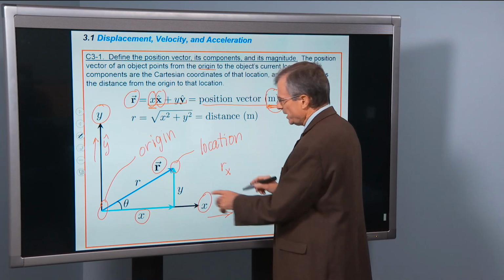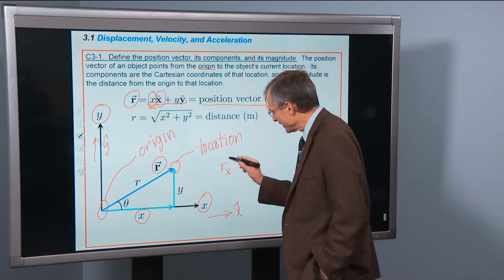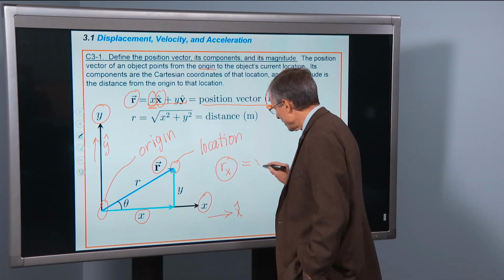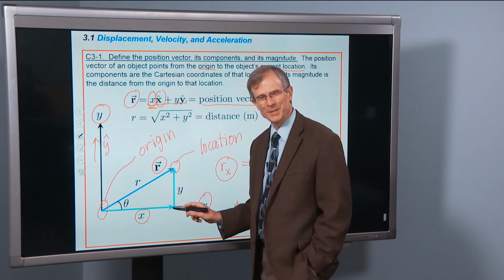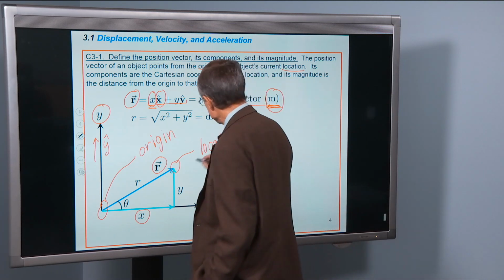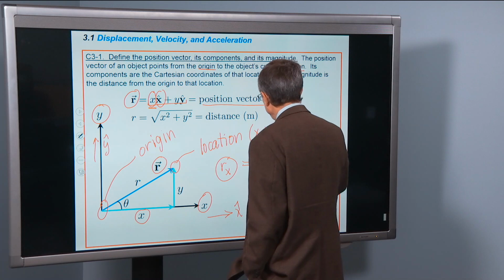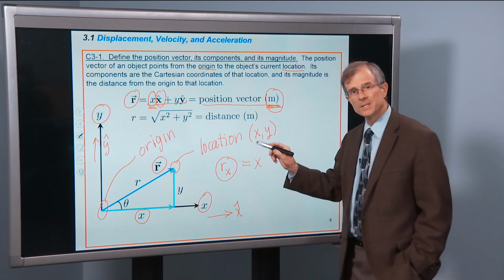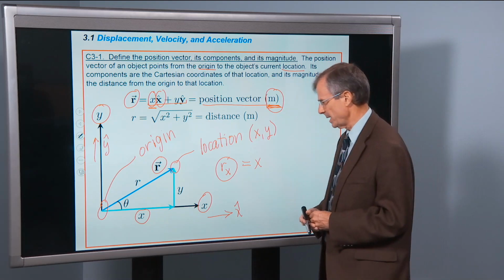We don't use this notation here, and the reason is that the x component of r is just the x coordinate of the object as it moves through space. So this is the current location of an object with coordinates x and y, like you've already discussed in your math classes.